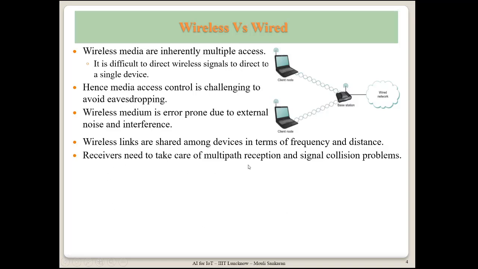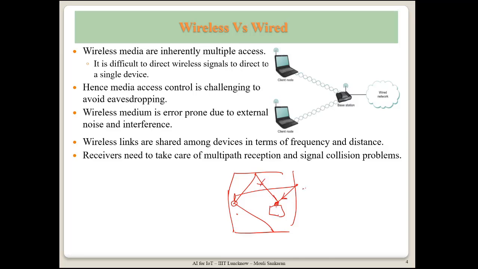Receivers need to take care of multipath reception. When you have kept a router in one corner of the house, it sends signals in all directions and they get reflected back. Your laptop is here, receiving the signal directly, and the same signal is also received after some delay by the laptop.